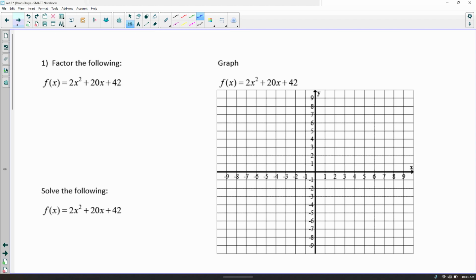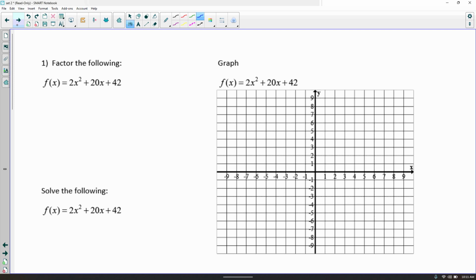Looking at number 2. It says here, factor the following. Your skills should be really, really good at this.